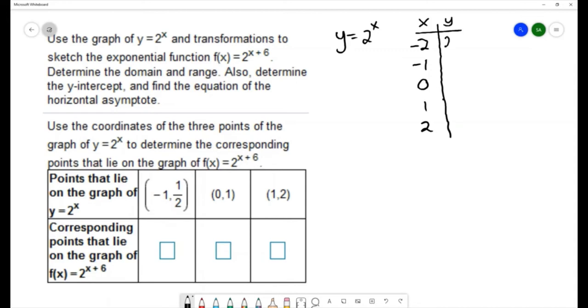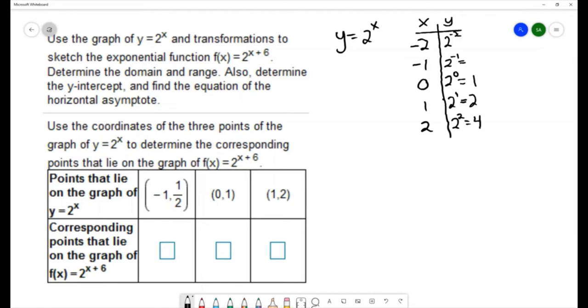So that's 2 to the -2, 2 to the -1, 2 to the 0, 2 to the 1, and 2 to the second power. We simplify these. 2 to the second power is 4, 2 to the first power is 2, 2 to the 0 power is 1. 2 to the -1 power: having a negative in the exponent means reciprocal of that base. 2 is the base, -1 is the exponent.